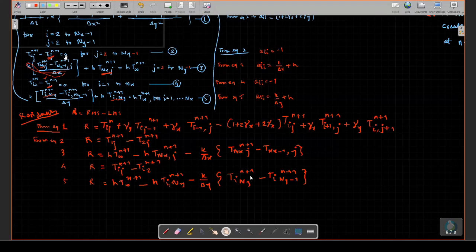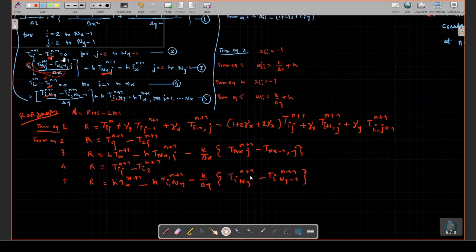So 0 minus this thing. Left hand side, we know T2J, because it is the interior point. Even if it is there, it will be minus. Yes, so the ordering will change, but it will be minus 2 T2J plus T1J, so it doesn't matter. It will be the same equation.